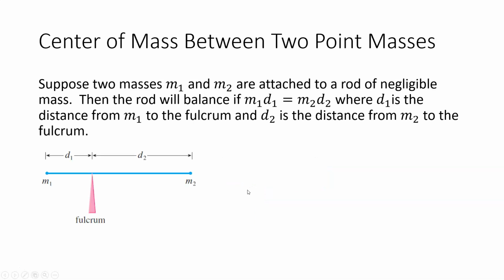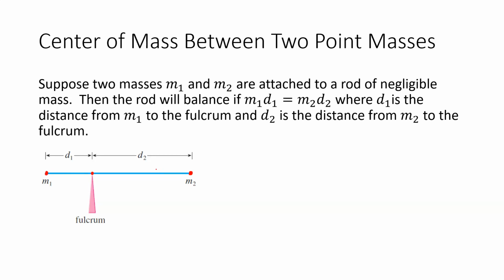So to start, we'll think about a much simpler version of this, which is to take two point masses, say M1 and M2. We want to find the center of mass between them. So imagine they're attached to a bar of a particular length, and we want to find at what point we can balance those two masses on this bar.